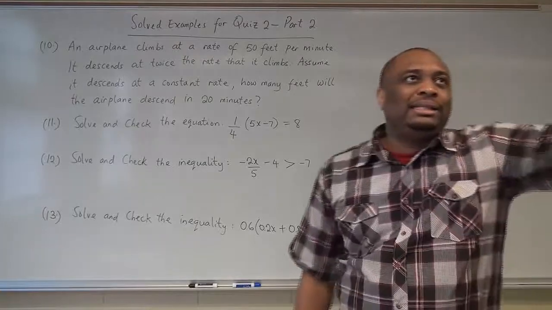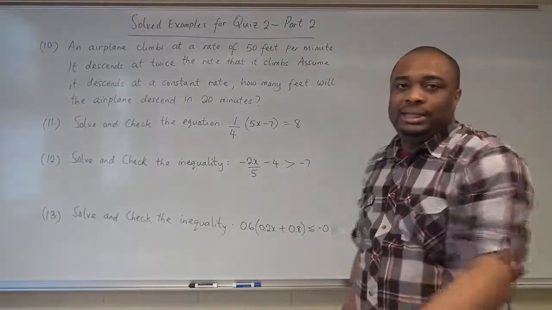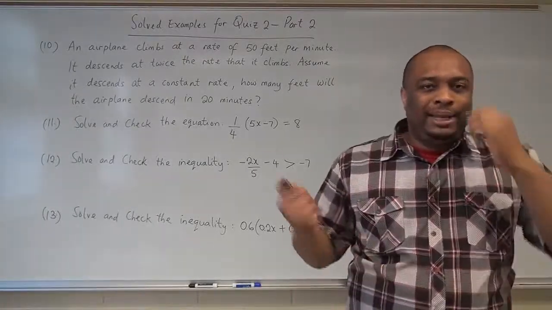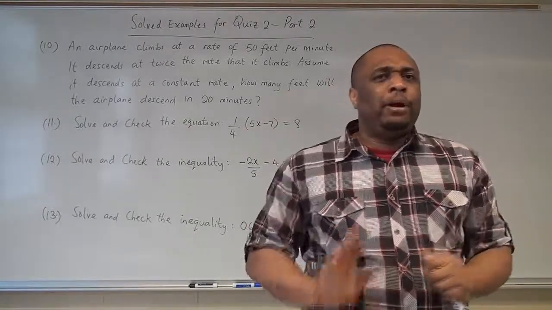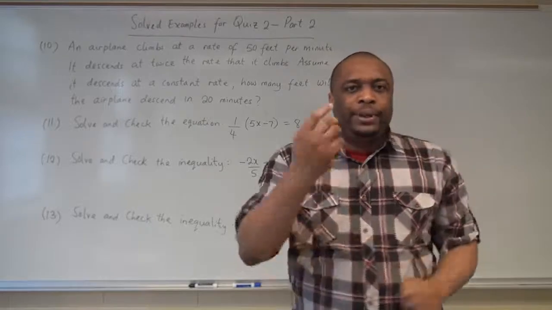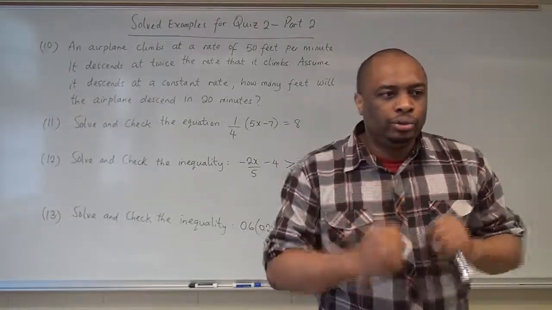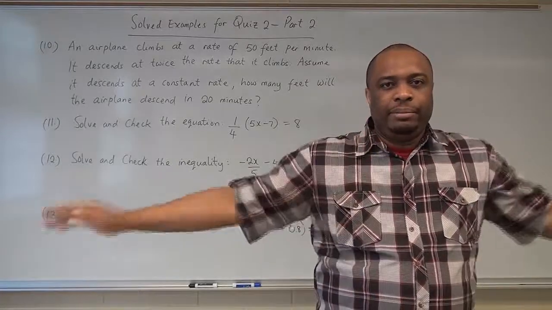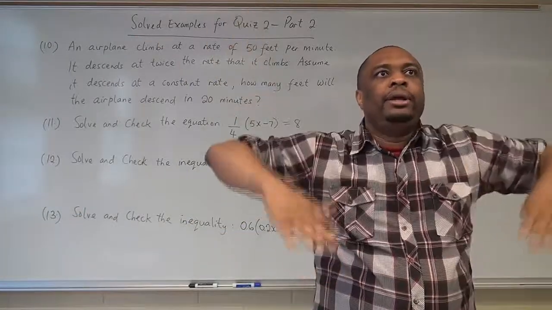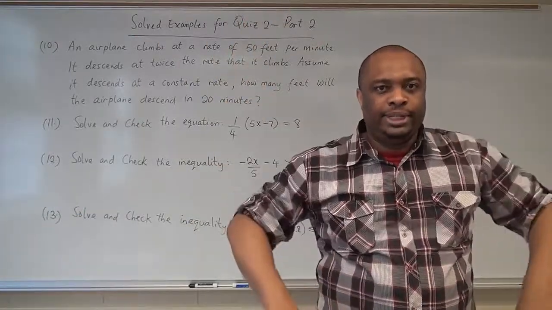But now it descends at twice the rate that it climbs. And of course, it makes sense as such. Just take it as when you're climbing uphill. When you climb uphill, you have to use more energy because you're working against gravity. Remember, the force of gravity acts downwards on an object.